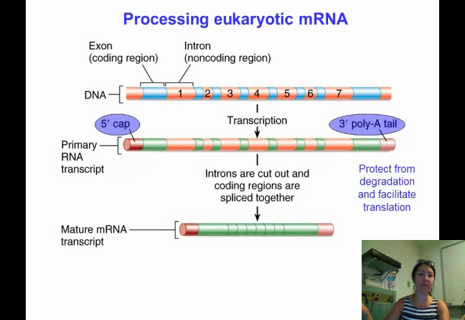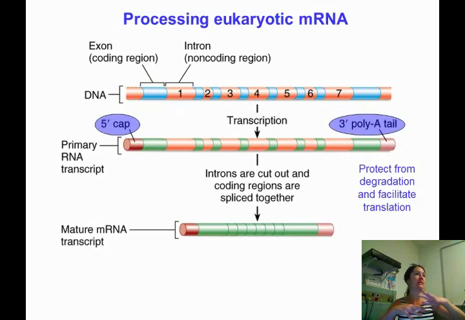We're getting all of our information in order. And then the next step is that we take all of those introns and cut them out and put all of the exons back together. So that mature piece of mRNA transcript is packed tightly with things that actually matter.